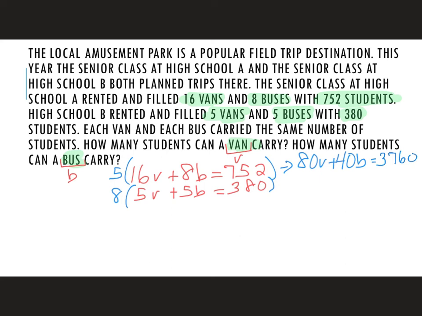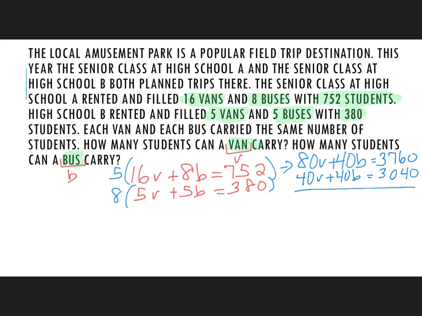And my bottom equation, I have 40V plus 40B equals 380 times 8, which gives me 3,040. So I'm going to subtract the bottom equation from the top one.